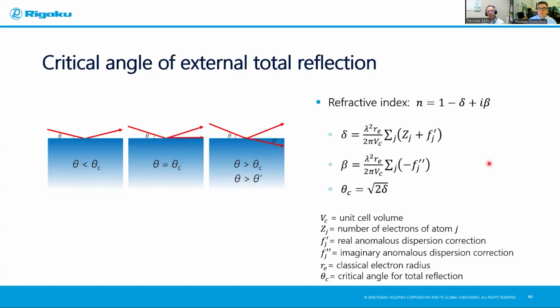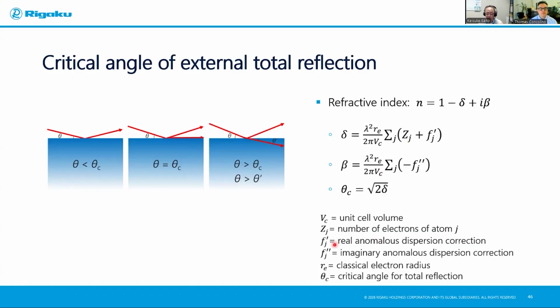And the X-ray is refracted as well. The penetration of the X-ray, or reflectance, is a function of the refractive index. The refractive index of the material in the X-ray wavelength region is given by n equals 1 minus delta plus i beta. Delta is calculated by this, and beta like this. This term is almost a constant. Delta is a function of Z and f1 prime, and beta is a function of f double prime. Z is the number of electrons of the atoms, which means density.